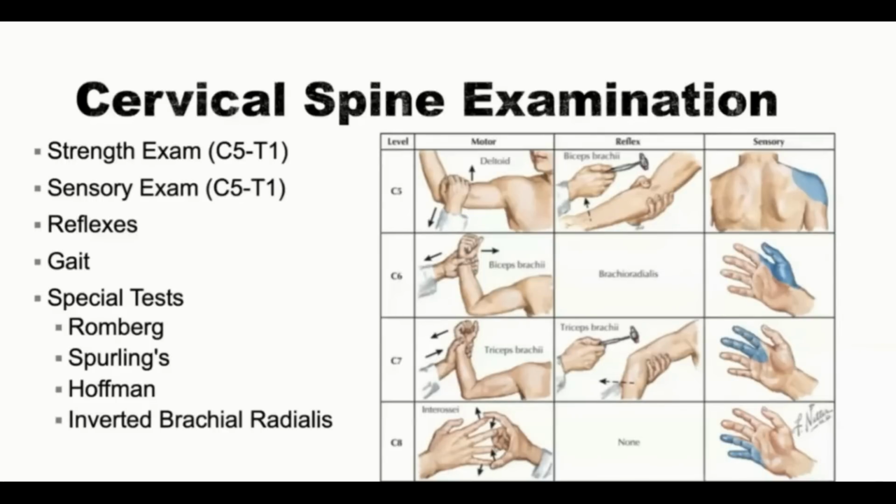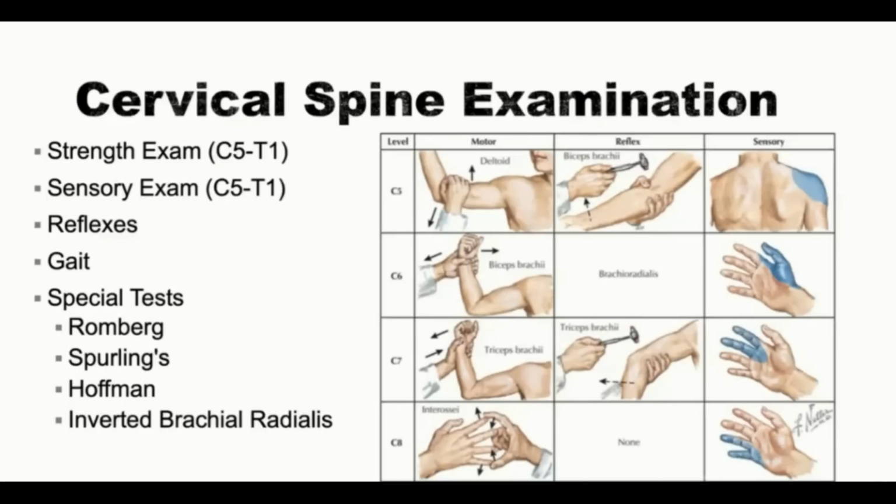So C5 to T1 are very readily testable. C5 nerve root can be tested with your deltoid strength. C6 with your biceps and wrist extension, although the biceps is a bit more of a 5-6 hybrid exam. I would typically test wrist extension. Your tricep strength for C7, and interosseous for C8. And the reflexes are as listed here.